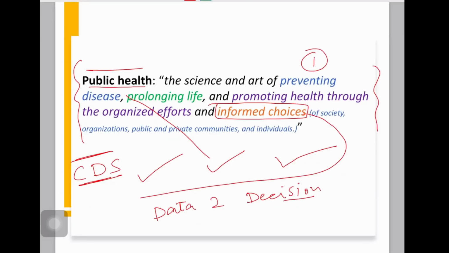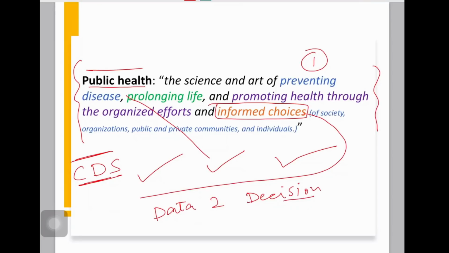So the idea is that public health is a mix of science and art that helps to prevent disease and improve prolonged life by promoting health through organized effort of informed choices for society, public, private, community, and individuals.